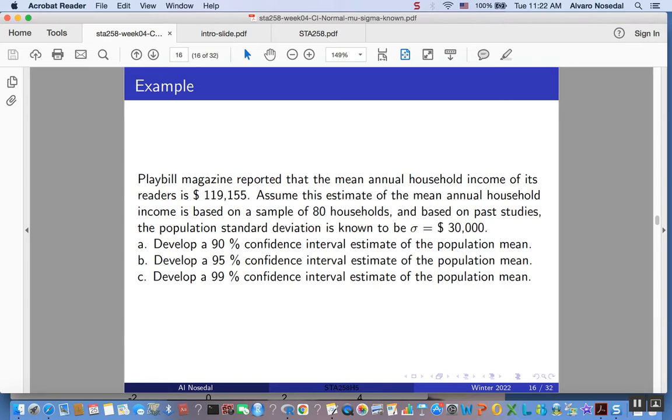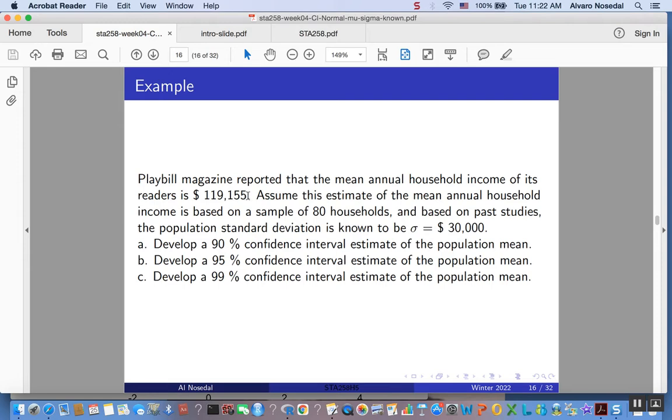So we have a sample of size 80. So n, the sample size, is 80. Based on past experience, they assume that sigma is 30,000, and from that sample they came up with a sample mean of 119,155.